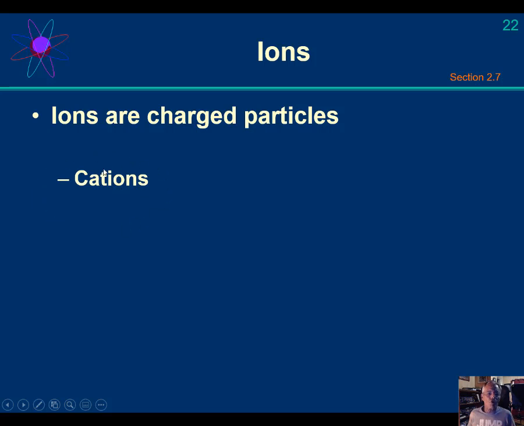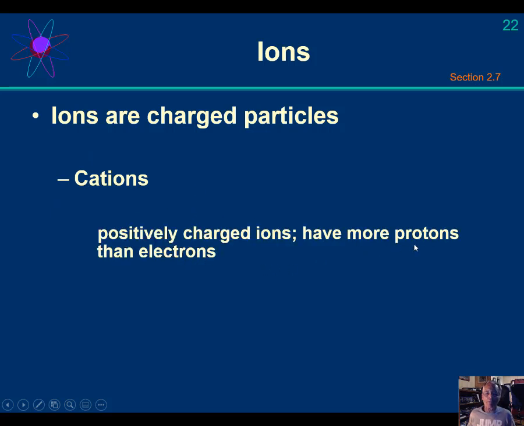So if our charged particle is called a cation, that means it has a positive charge to it, and that means it has more protons than it does electrons. Because if you remember, the number of protons is equal to the number of electrons if what we're talking about is an atom.